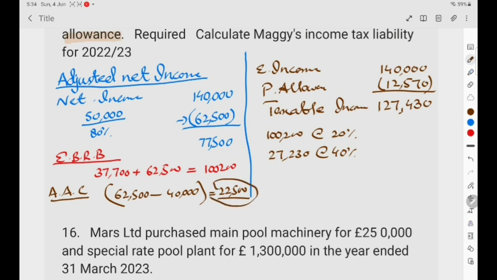So on this amount of 22,500 we have to calculate the annual allowance charge, and that is also at the rate of 40%. So this is how we have to calculate the tax liability.